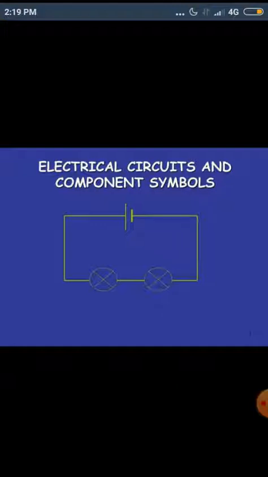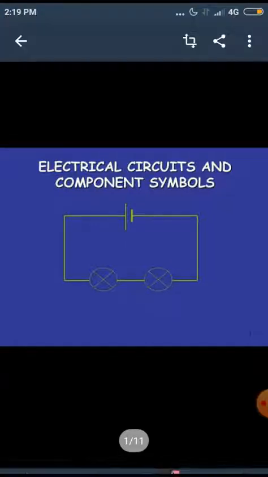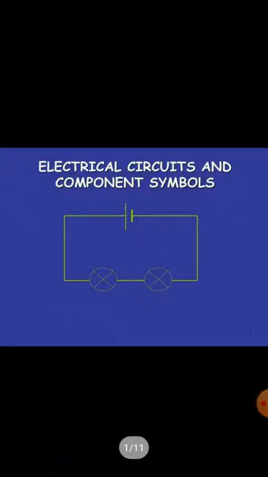Now, what do we understand by a circuit diagram? It is a diagrammatic representation of various components used in an electric circuit. Is it possible to draw the actual sketches of the components used?